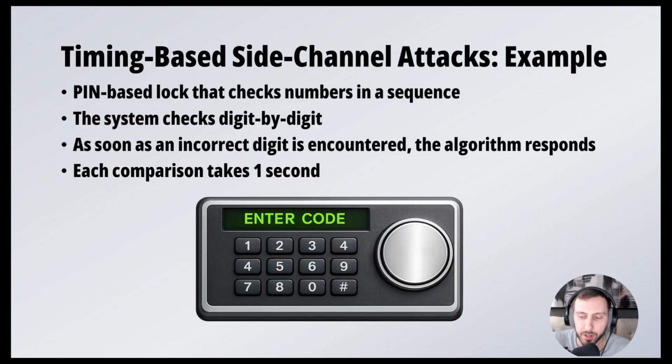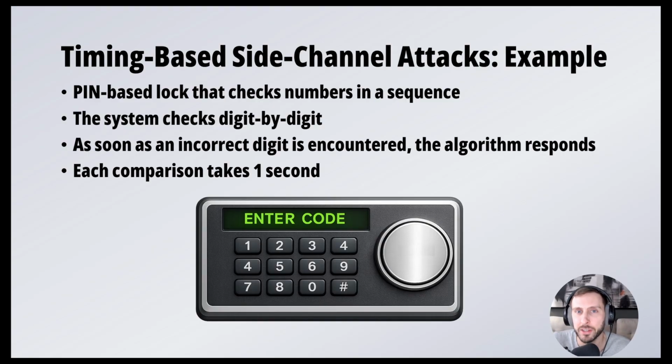To give a really solid example of what a timing-based side channel attack might look like, consider this pin-based locking mechanism, and let's say that it requires 4 digits. So you set a code with 4 digits, you hit the button, it's locked. You want to unlock it, you hit 4 digits again, and then you click the unlock button.